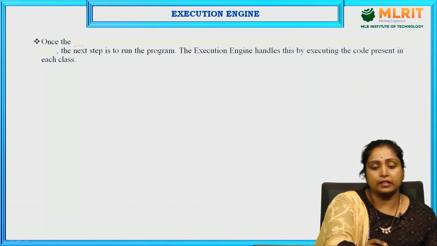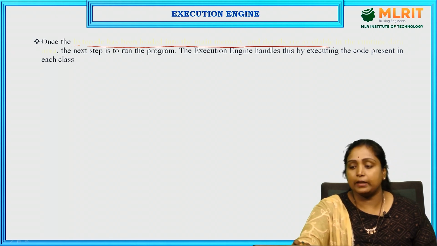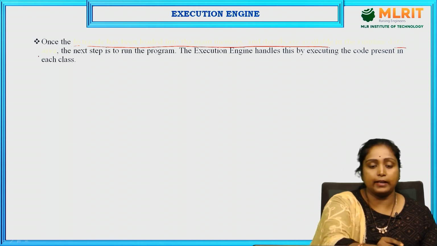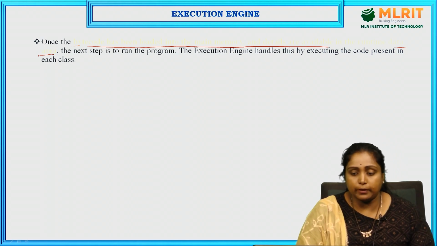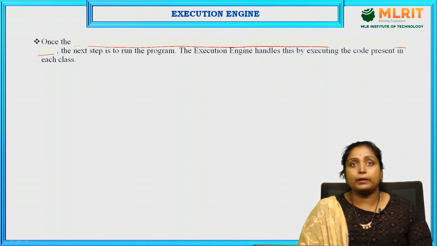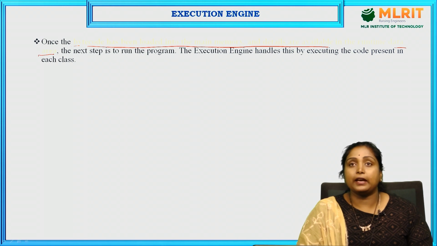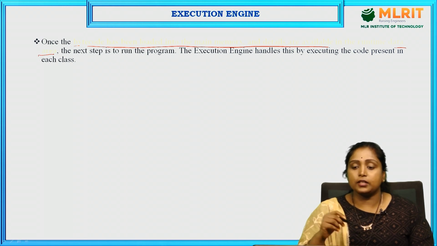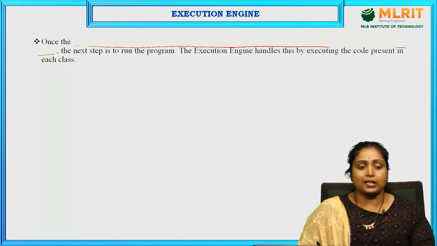Here the bytecode is loaded into the main memory and the details are available in the runtime data area. This is the next step to run the program. The execution engine handles executing the code present in each class.